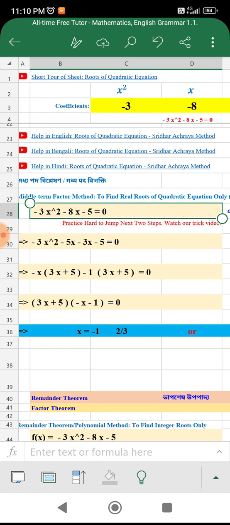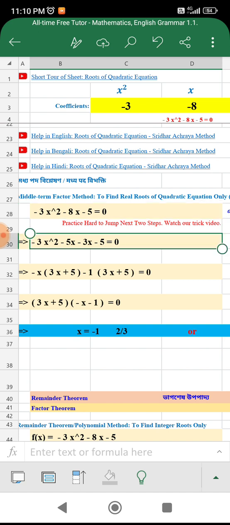But why minus 5 and minus 3? Why is it not plus 5 plus 3? Because b is minus 8. So this 5x should be minus.